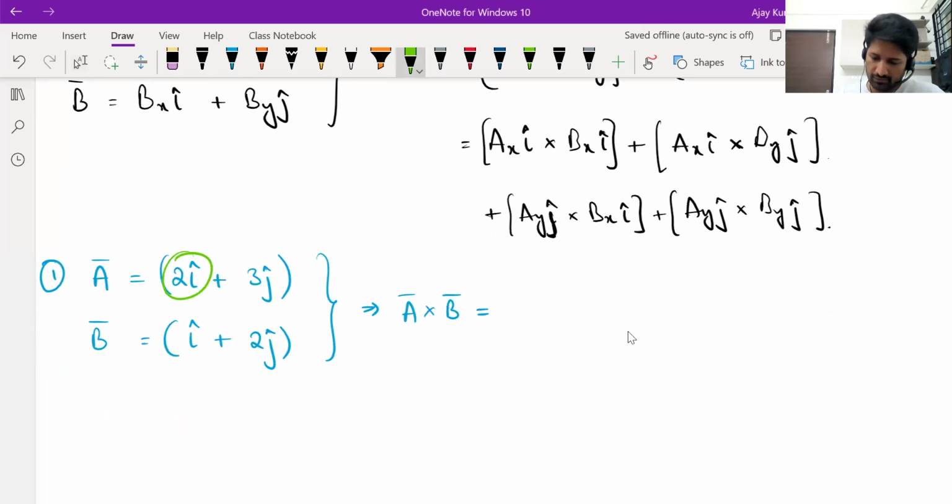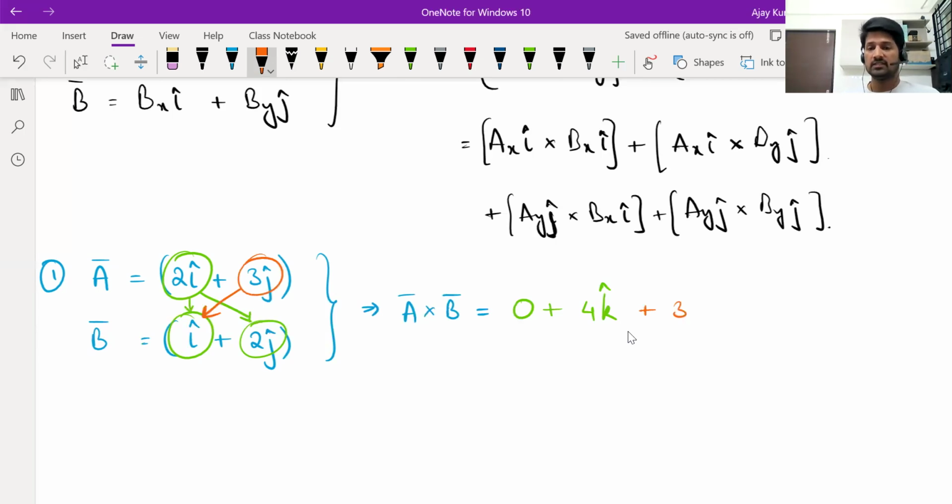Okay. So first, 2 I cap cross I cap. How much will that be? 2 I cap and I cap are in the same direction. Their cross product will be 0, or a null vector. Next, 2 I cap cross 2 J cap. 2 2s is 4 and I cross J is K. Second part, 3 J cap cross I cap. 3 into 1 is 3.